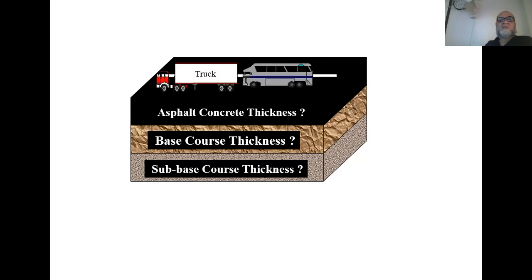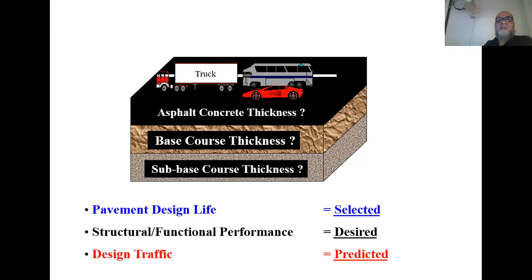So trucks, buses, and cars. We always know the design life, what time our pavement is going to last. This we also know. We have this setup; this is our known parameter when we are designing the pavement.